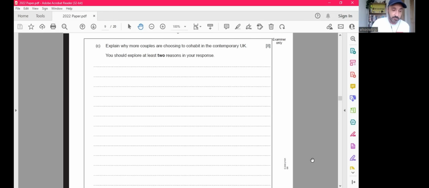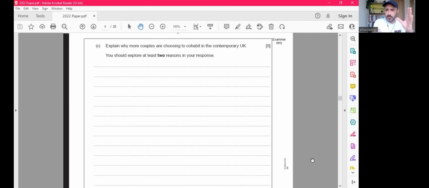My second reason would probably focus on changing attitudes towards relationships and families and stuff like that. So it's far more acceptable now to cohabit, which, if you don't know what cohabit means, it means living together without being married. And then I'd maybe tie the changing social attitudes thing into secularization, talking about how people no longer feel the need to be married now to start a family.